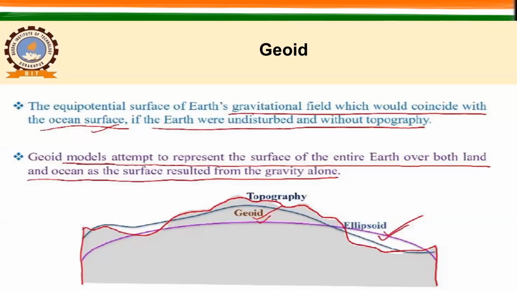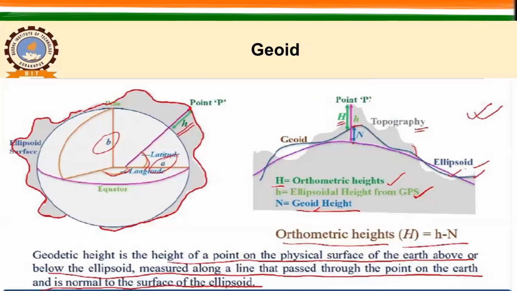Okay, now I will show you one more example. Let us assume this is the topography here, and here you have the equator ellipsoid surface, and this is a point for which I want to measure the height. That reference will be from the geoid, because the sea surface level is our base level, right?